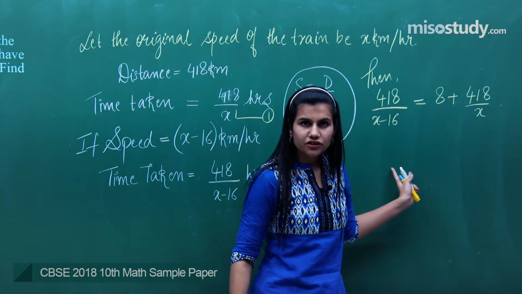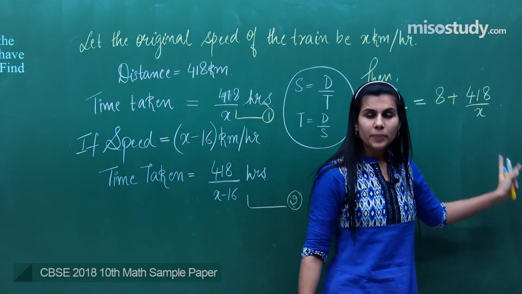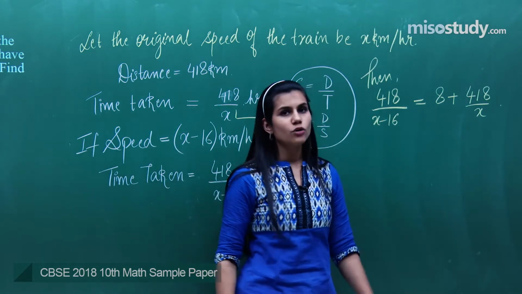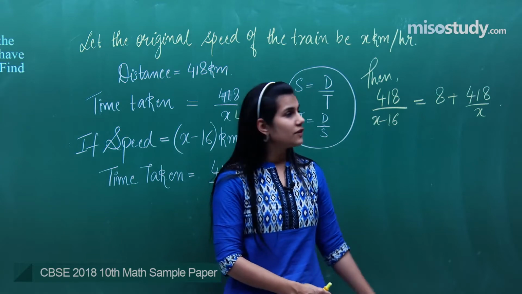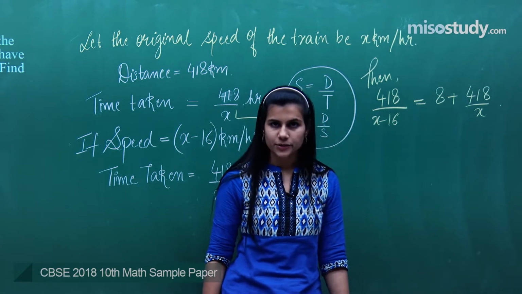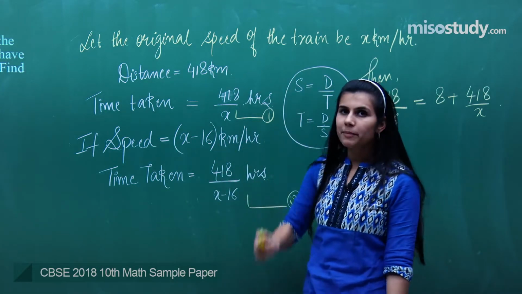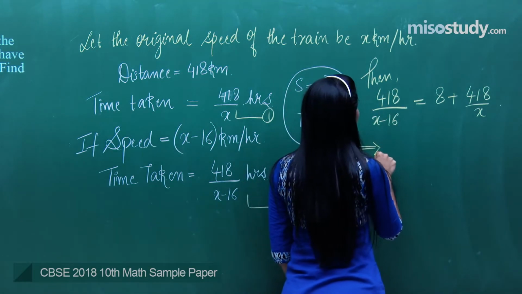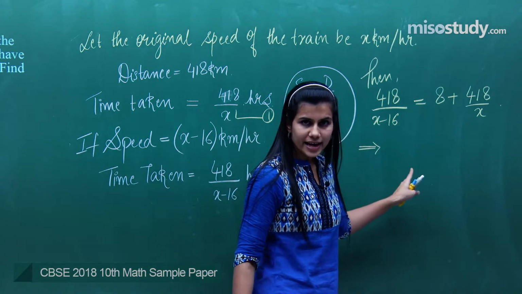If this is the relationship between the times when the speeds were x and x minus 16, find out the speed, or find out the value of x in this matter, because x is representing my speed. How am I going to solve this? Just solve this and you get the value of x from here.